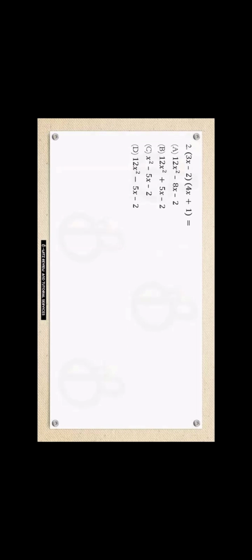Problem number 2, we have 3x minus 2 multiplied to 4x plus 1. To answer this, we need to use distributive property or the FOIL method.